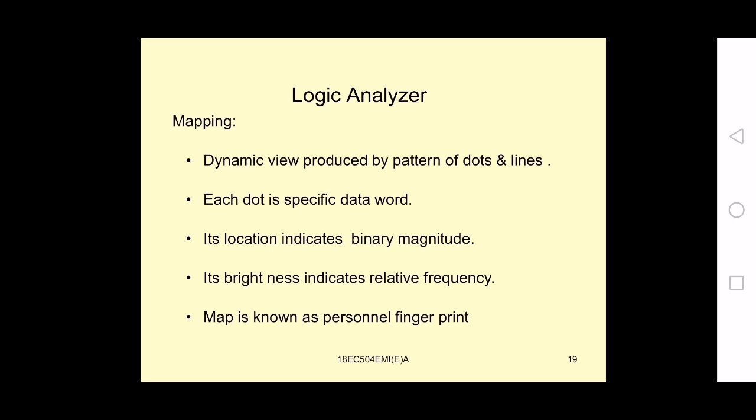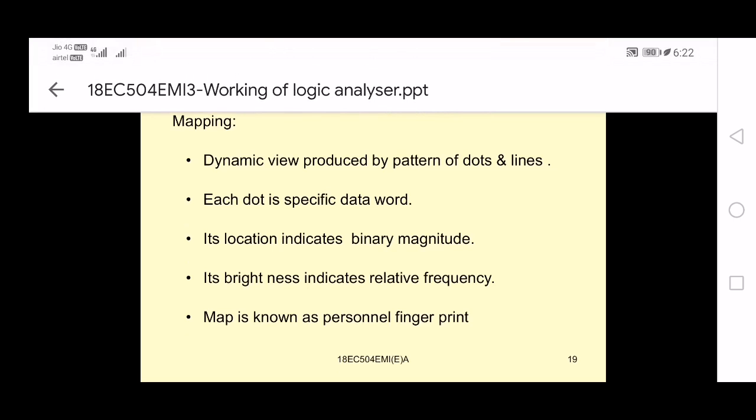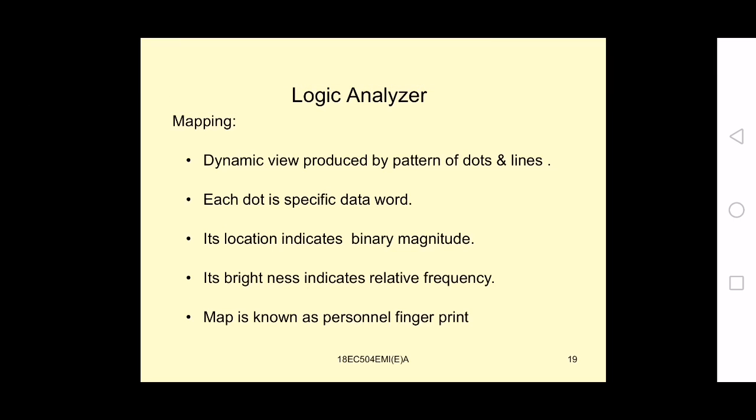Its location indicates the binary magnitude, and its brightness indicates the relative frequency. Map is known as a personal fingerprint.